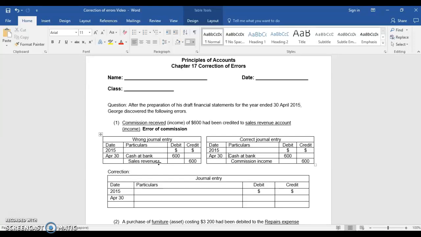So we're going to remove sales revenue and introduce commission income. To remove sales revenue, we will debit our sales revenue and credit our commission income. So this is how we do the correction of error for error of commission.